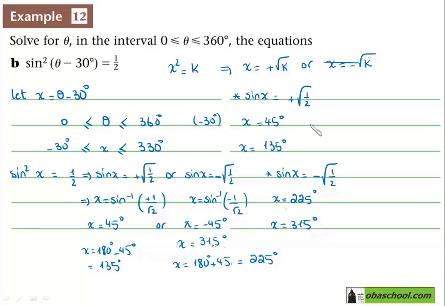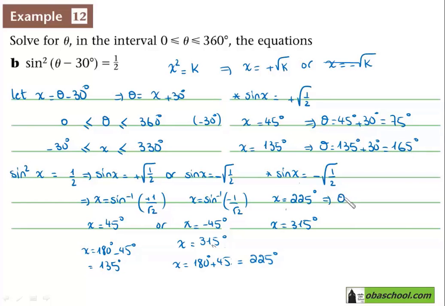Now we need to calculate theta for each one. x is theta minus 30 degrees, so theta is x plus 30 degrees. Let's substitute. Theta is x, which is 45, plus 30 equals 75 degrees. Here, x is 135 plus 30, which equals 165 degrees.